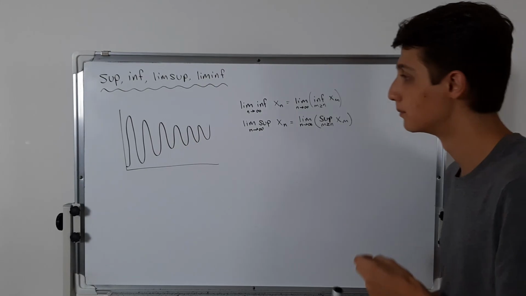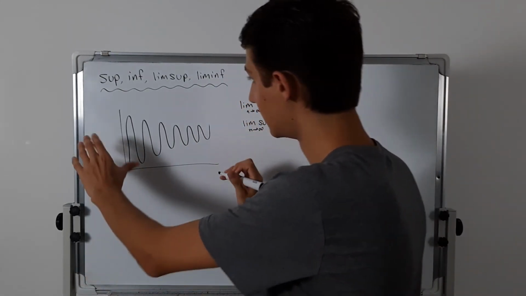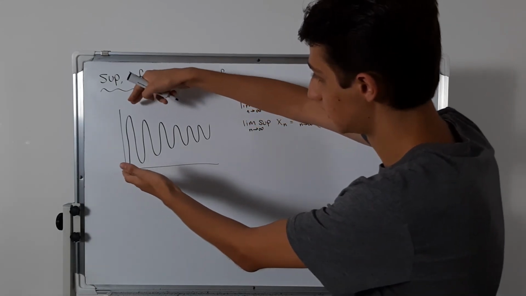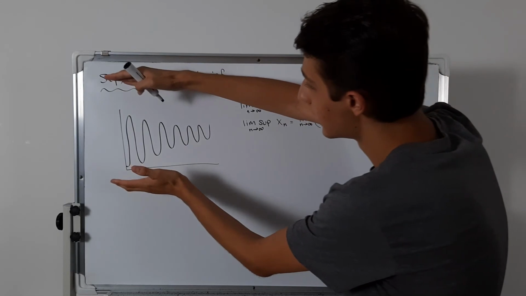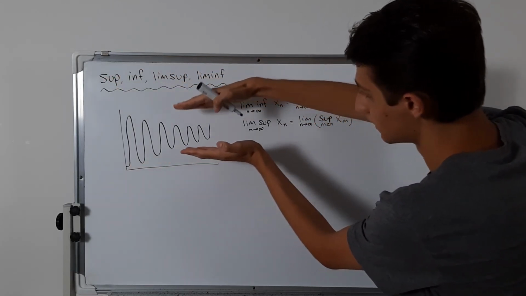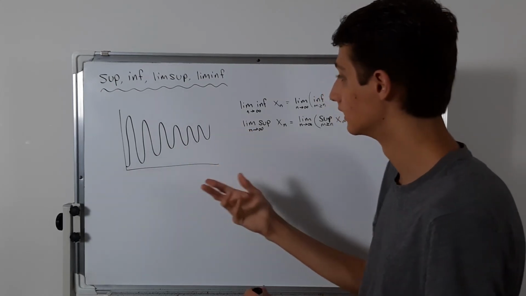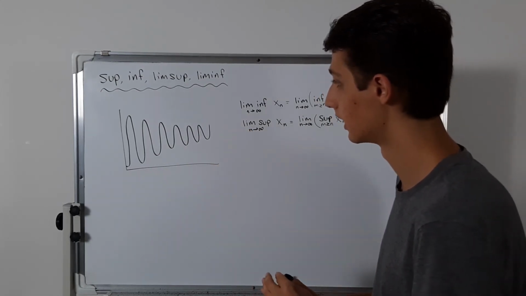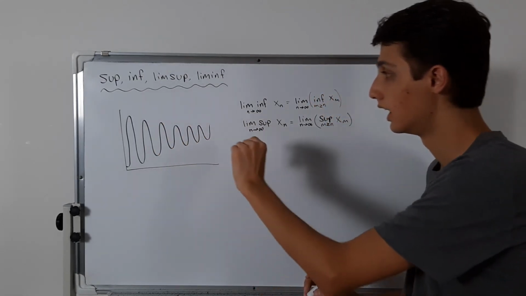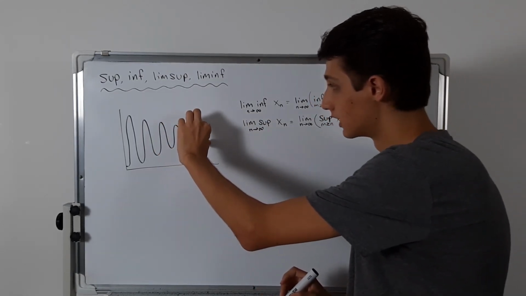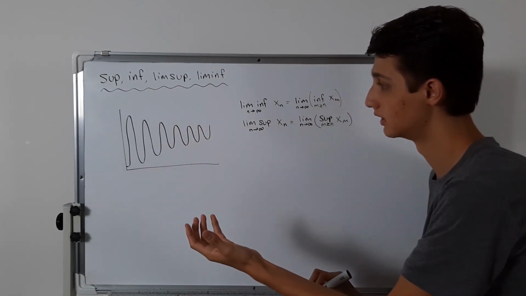So pictorially, we can realize that this sequence has this range up here, and then it's getting smaller and more narrow. And so this is what the limit superior and limit inferior tell us. They basically say, as we go to infinity, it looks like we're going to have a range that's about this, right? And we converge to a particular range.